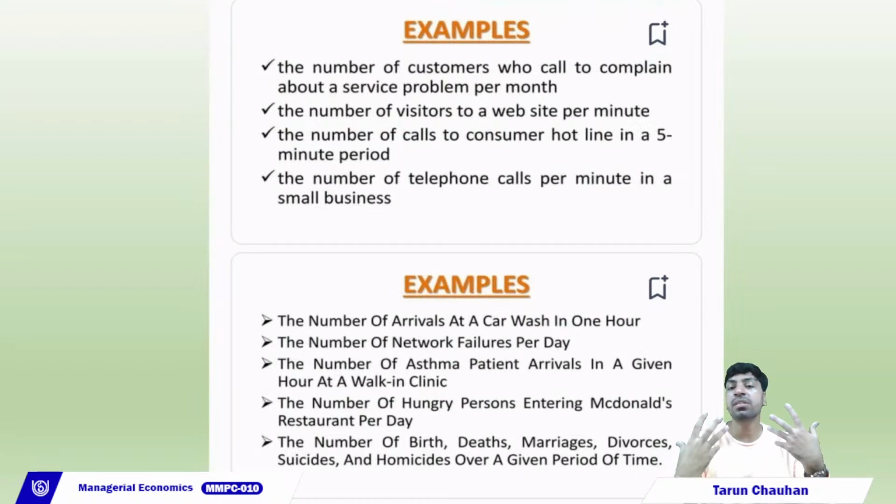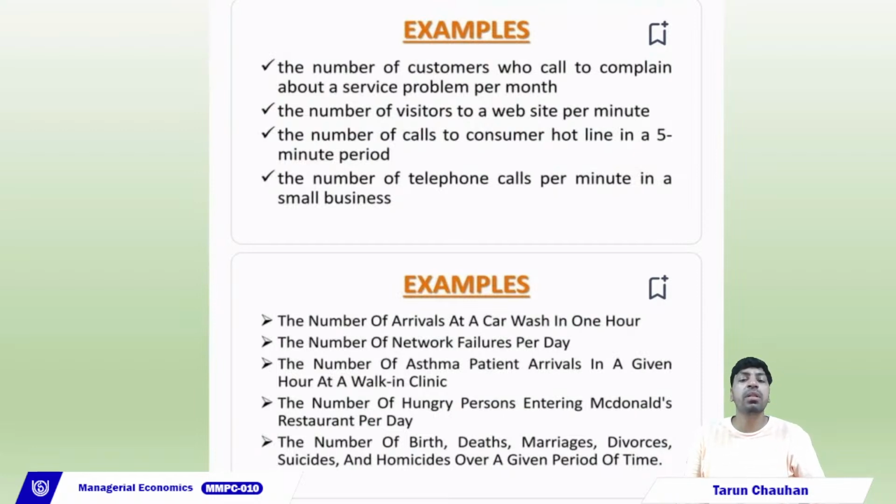Assume how many telephone calls are received by a small or large business during 5 minutes. Here we are not considering any samples; we are considering a population, a community, an organization, a company. In that scenario, we use the Poisson distribution.